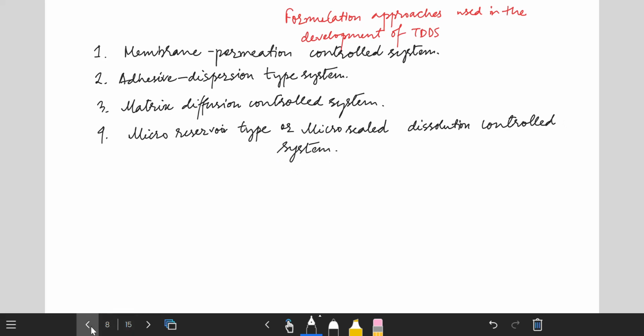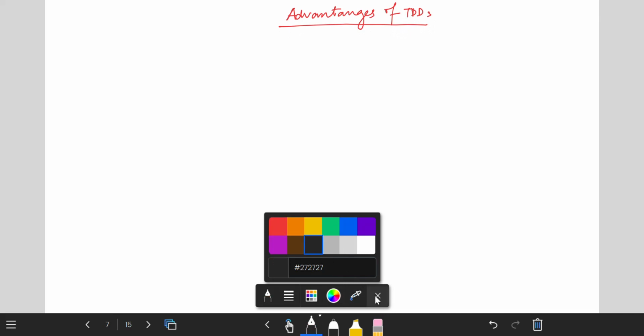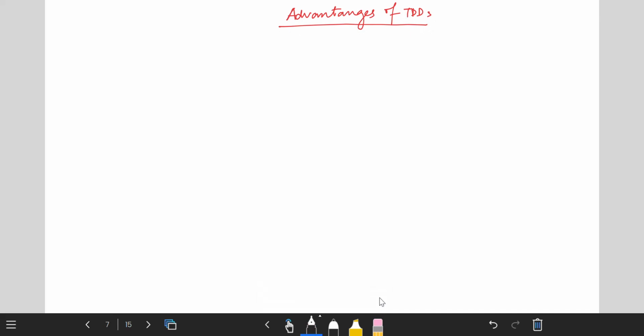Okay, now the last is, what are the advantages of transdermal drug delivery system? So first advantage is it provides constant plasma levels.